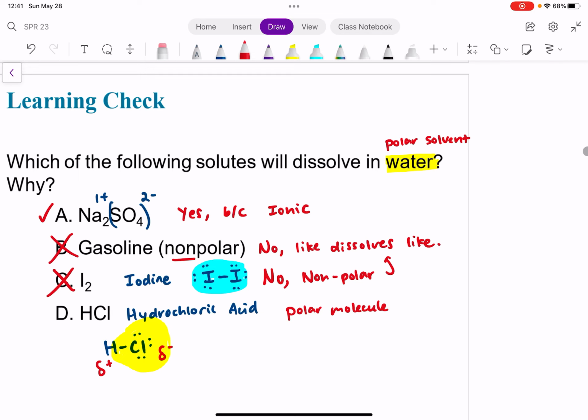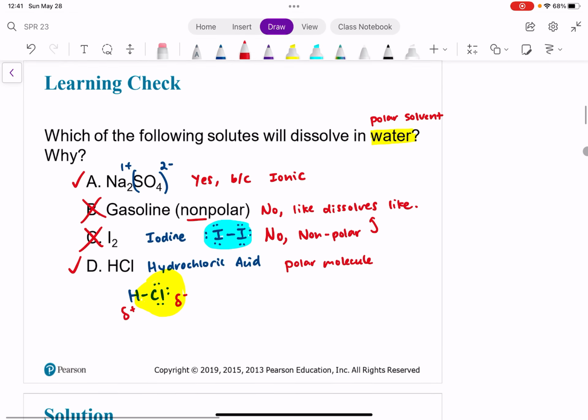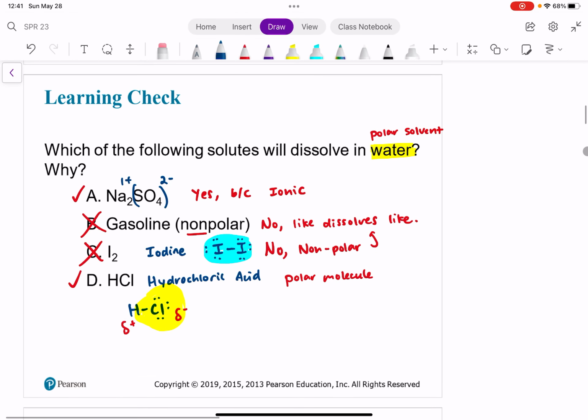So we would say, yeah, it would dissolve in water, and it does. We have hydrochloric acid solutions all the time, right? When I say 3 molar HCl, that means it was dissolved in water, and this is showing you the concentration, right? You might also see HCl with a Q next to it.